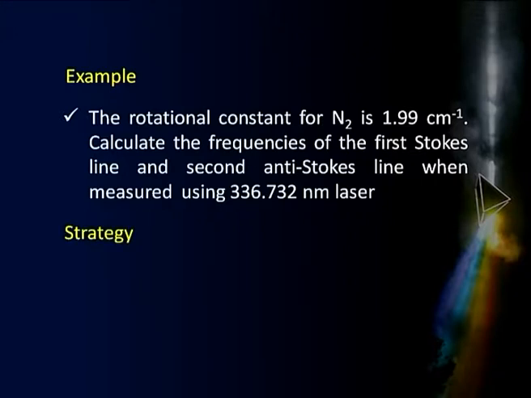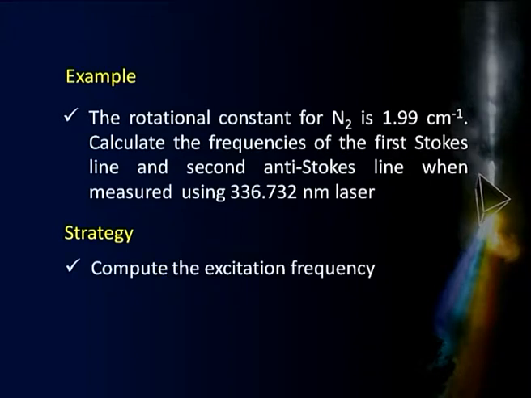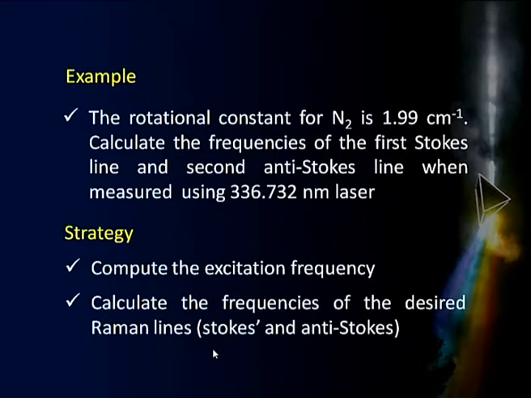The strategy will be as follows. First, I will have to compute the excitation frequency, since the wavelength of the laser is given to me. So, I need to know the excitation frequency, that is the first step. Thereafter, I can calculate the frequencies of the desired Raman lines, whether the Stokes lines or the anti-Stokes lines. Let us see, we will do it here.